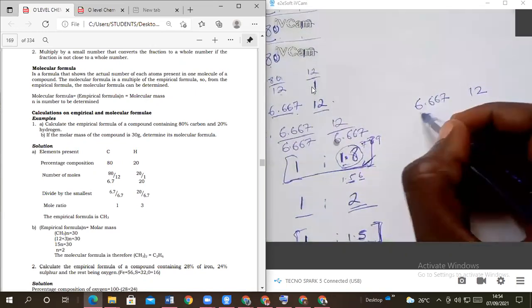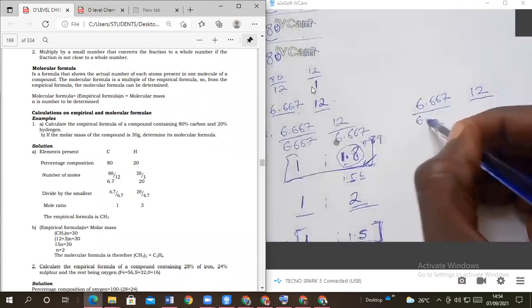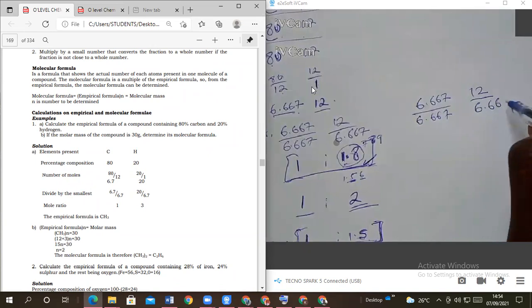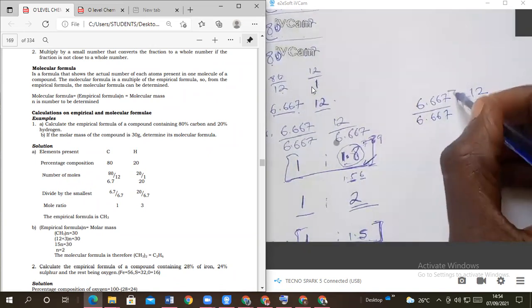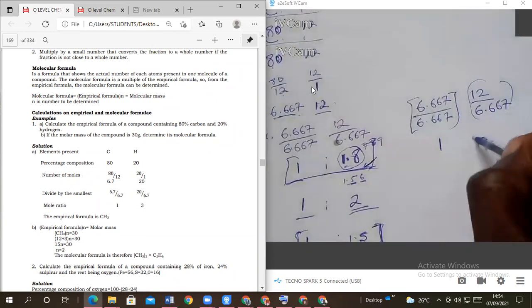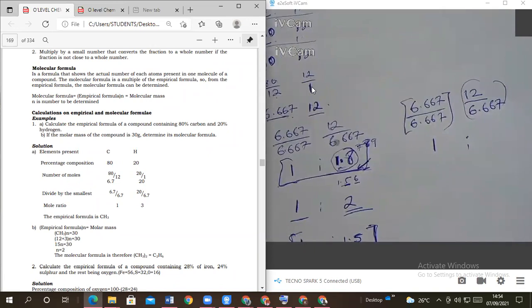Now, if we divide by the smallest number, we are getting the mole ratios. This one comes to 6.667 and this one comes to 6. We are dividing by the smallest. You divide this, you get 1, isn't it? What about when you divide this? What do you get? It's 1.8.